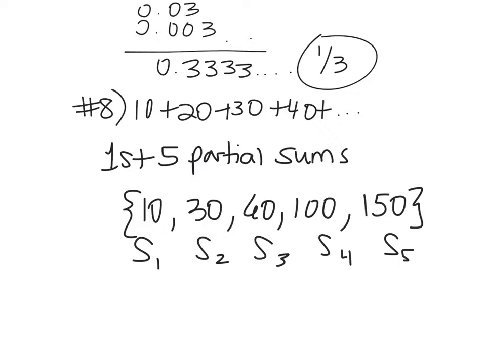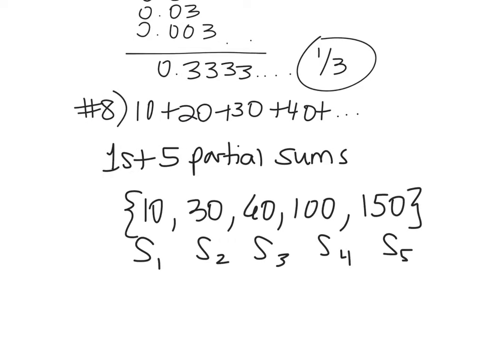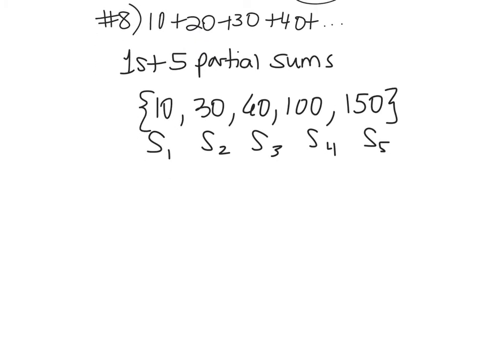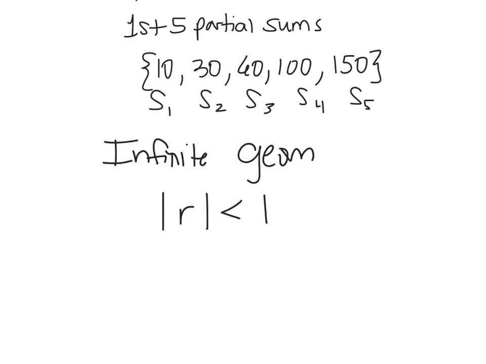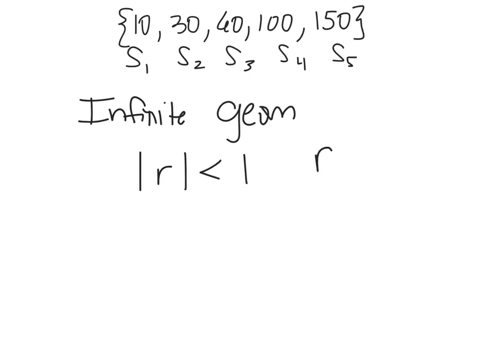All right, so let's do one now that you're going to get an infinite. So here we go, infinite geometric. Now, it has to follow a certain rule. The absolute value of r has to be less than 1, okay? So r needs to be a small fraction, not an improper fraction like 8 over 5. I know that's a fraction, but that's not less than 1.